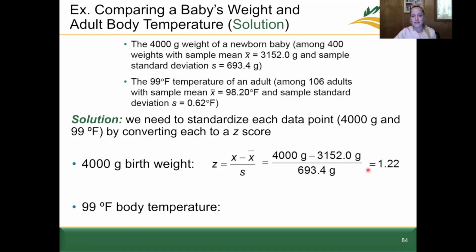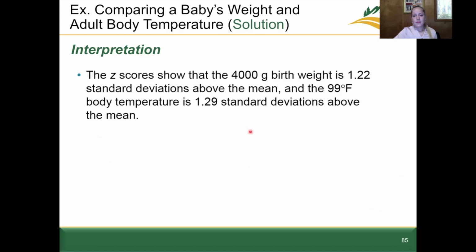Now let's do the same for 99 degrees Fahrenheit. Plugging in our data value, our x bar, and our standard deviation, we get a z-score for this data point of 1.29. Let's now compare these z-scores and interpret what it means. So for 4,000 grams, we calculated a z-score of 1.22.